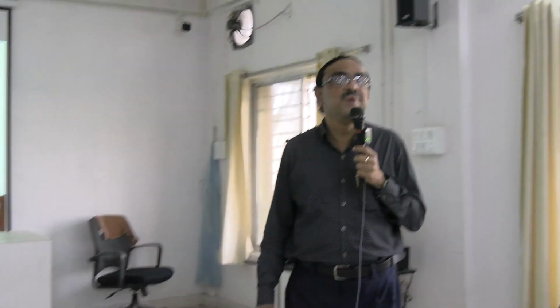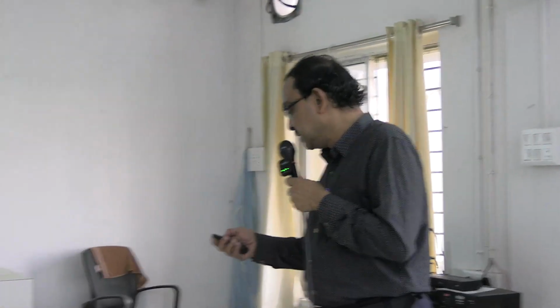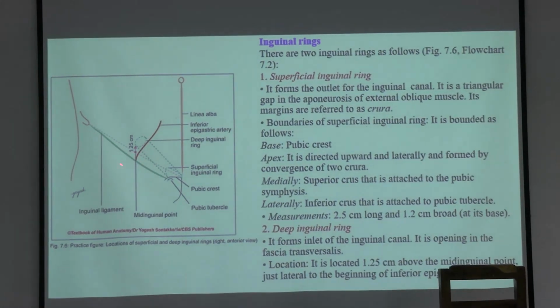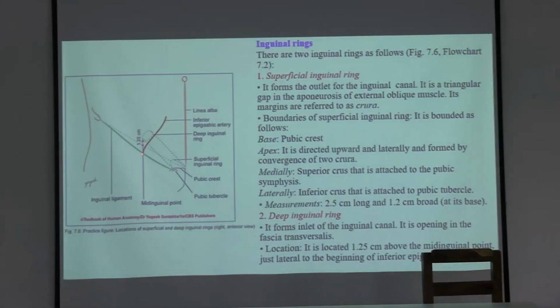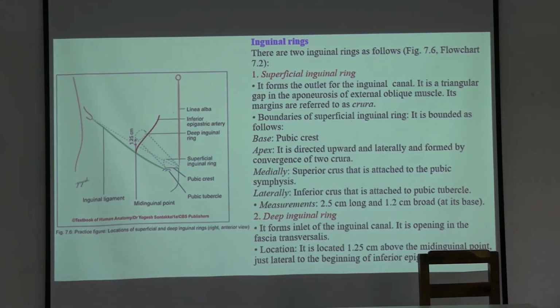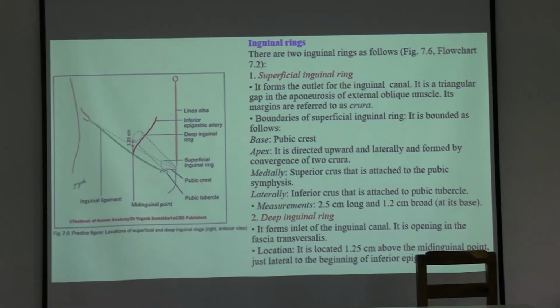Now where we can expect this deep inguinal ring? This deep inguinal ring is ½ inch above the mid-inguinal point. We are getting the inguinal ligament. This is the midpoint. From the midpoint, if you go ½ inch above, then we can reach the deep inguinal ring.